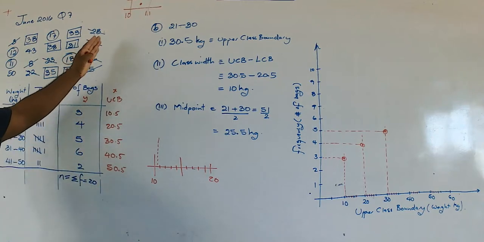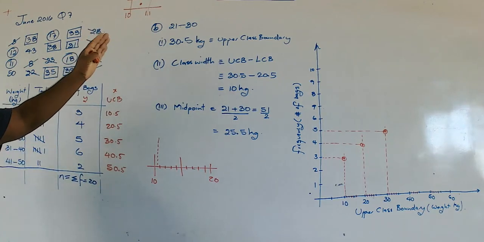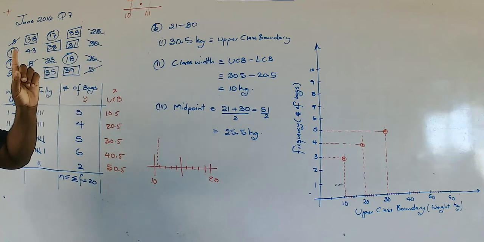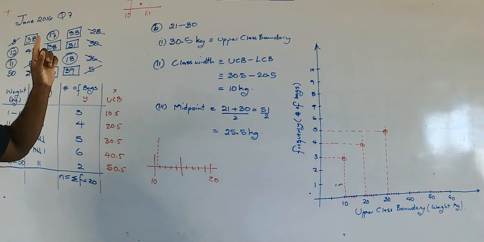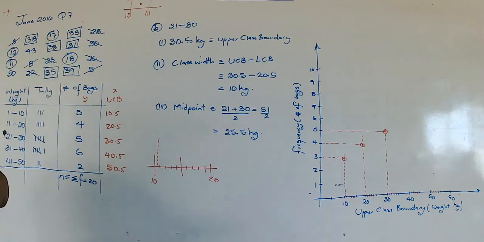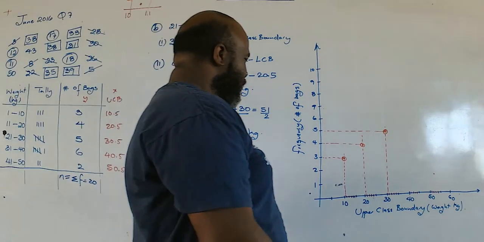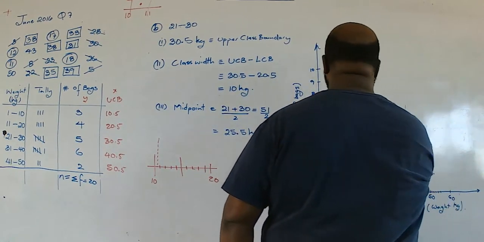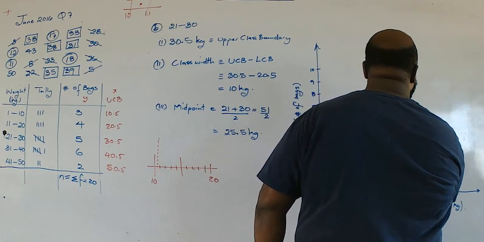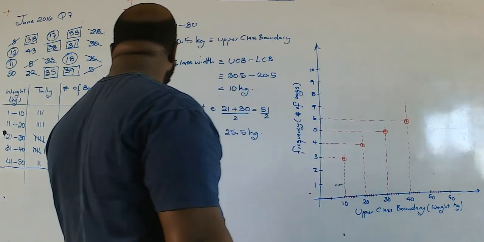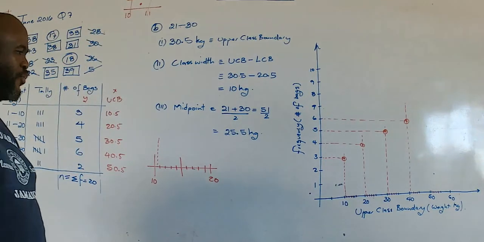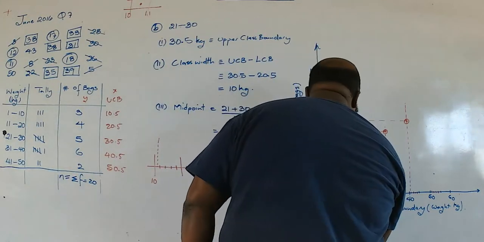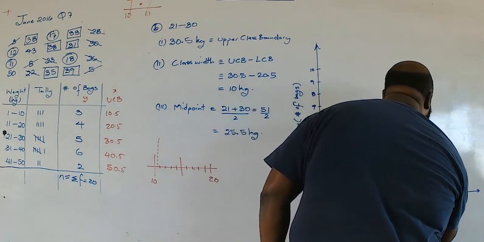The one immediately after 10 is 11, so 10.5 doesn't fall on any of the lines. 40.5 corresponds with 6. 50.5 corresponds with 2.